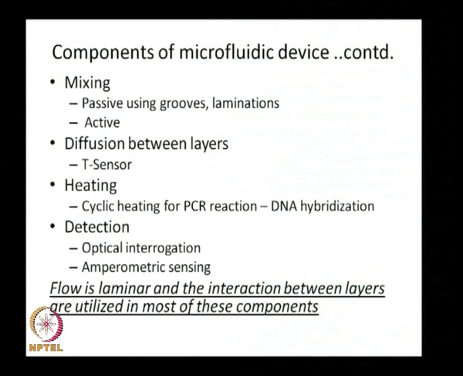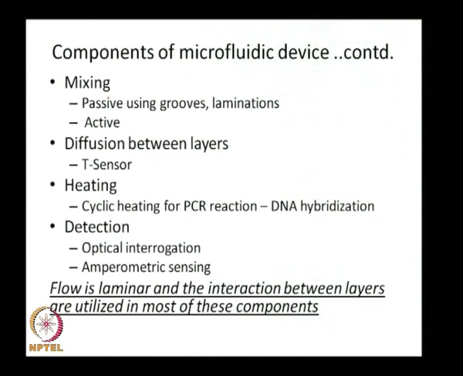These are some of the elements that we have, and in the next class I will discuss one by one how these elements can be arranged inside the chip. One thing you must remember here is that the flow is laminar and the interaction between layers is utilized in most of these components.